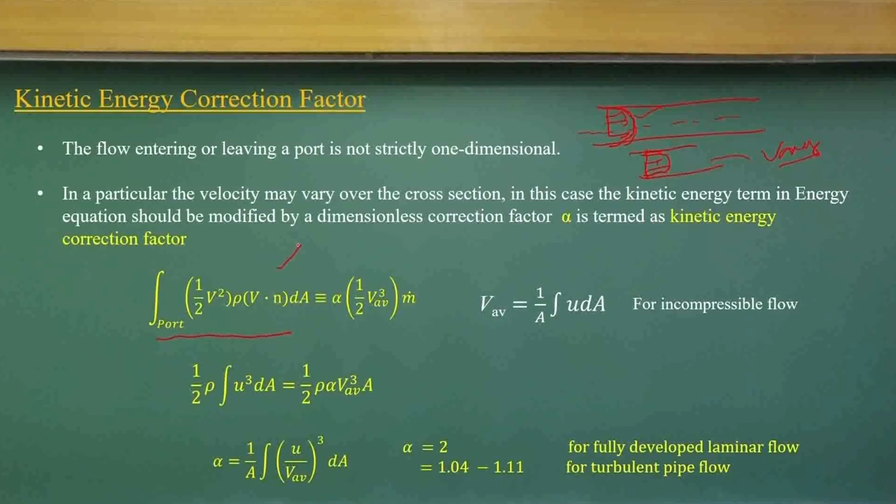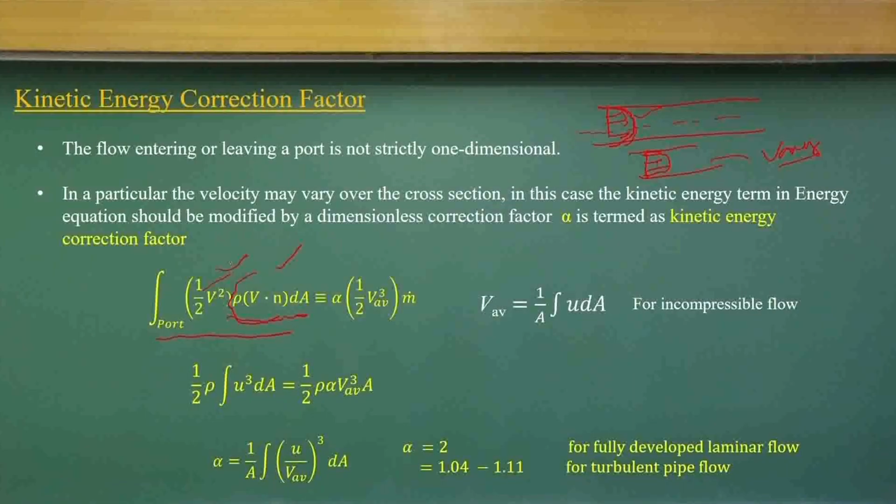So when you apply the kinetic energy, we look at the total kinetic energy, which we can integrate over a small dA element. Here rho v dot n is the mass flux, and the mass flux times v square by 2 is the kinetic energy flux. We do the integration over the total area dA, and we get the kinetic energy.